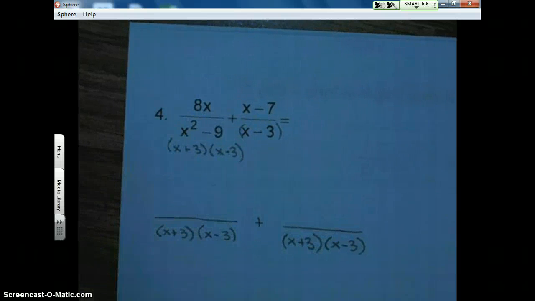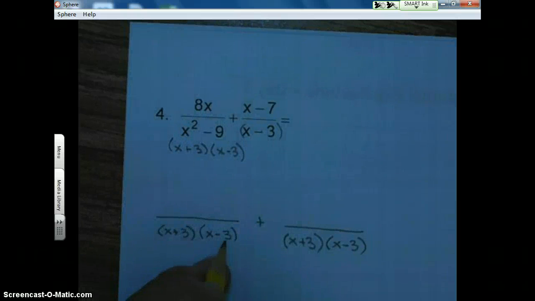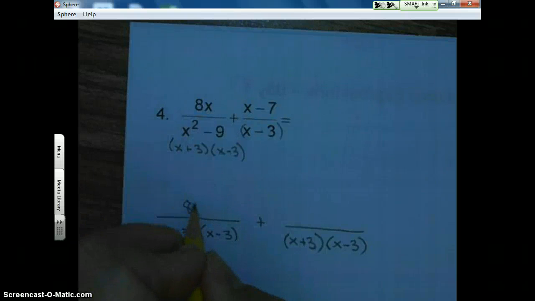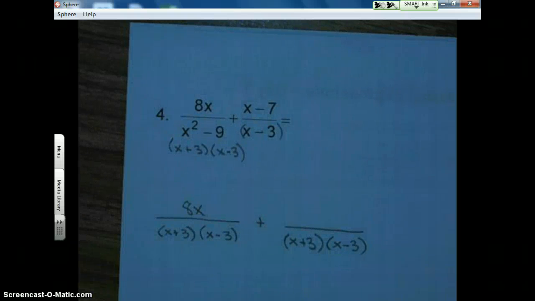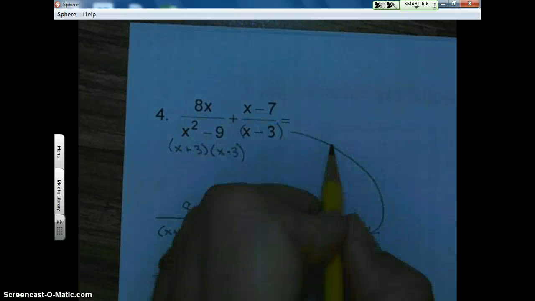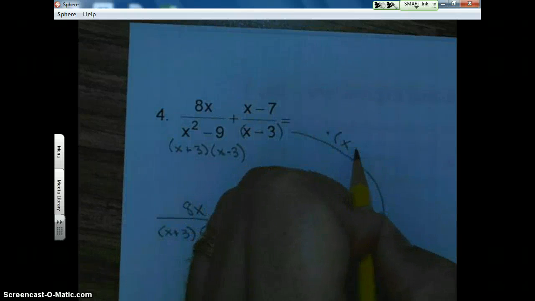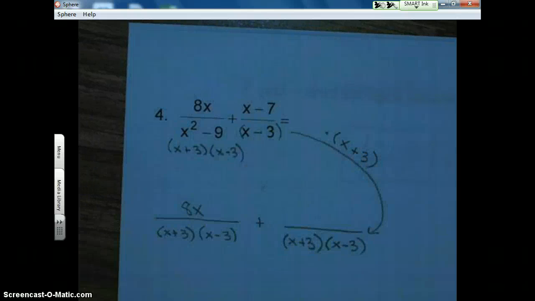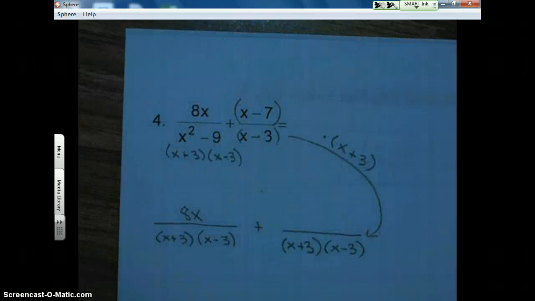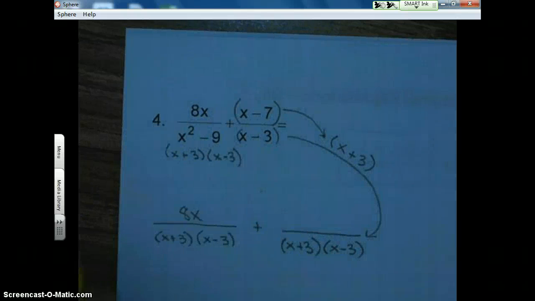Okay, so since the denominator stayed the same, the numerator stays the same. Okay, the denominator changed. It got multiplied by x plus 3. So the numerator, which is a group, gets multiplied times x plus 3.